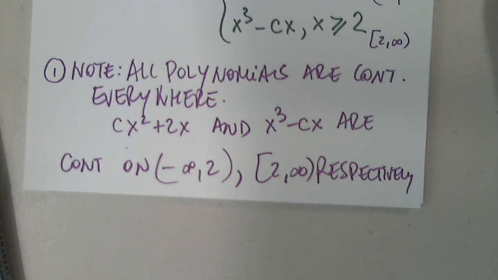Okay, so that's established. But what is my only worry? This is continuous everywhere, not only on negative infinity to 2. This is continuous everywhere, not only on 2 to infinity. But what is my only worry here?